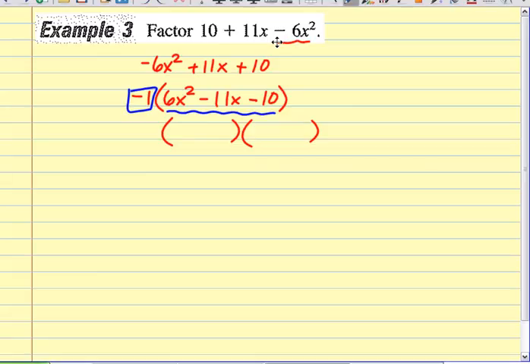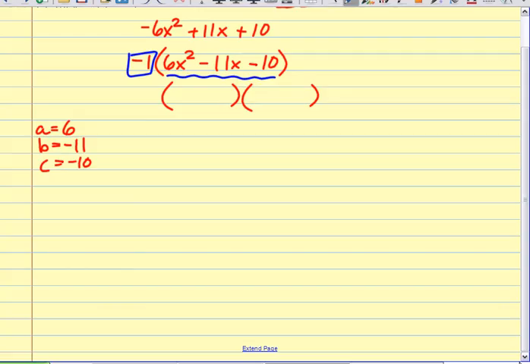So what I'm going to do is look at the stuff inside and say A is equal to 6, B is equal to negative 11, C is equal to negative 10. Now, remember, again, at the beginning, write the quadratic formula out.